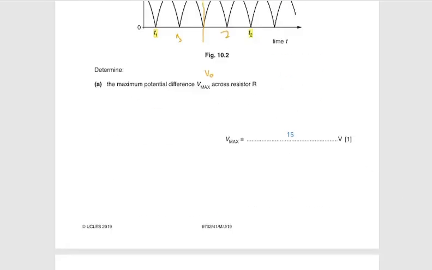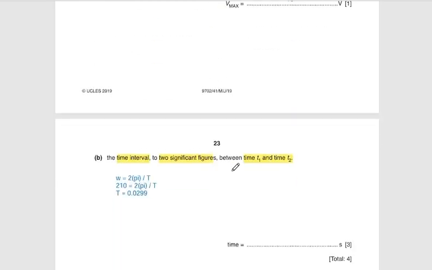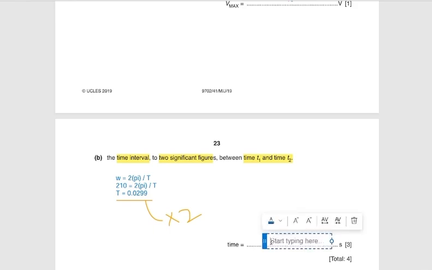All you have to do is simply multiply this by 2, and the value you get is 0.0598. Since we have to write it in two significant figures, we will simply write 0.060 seconds, and this is it for the B part as well.